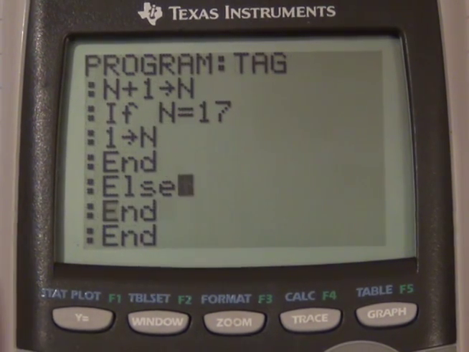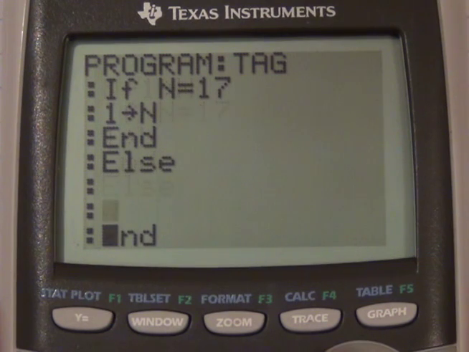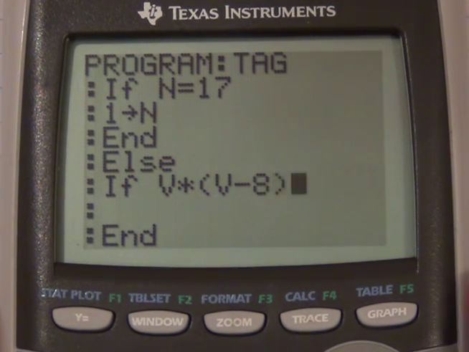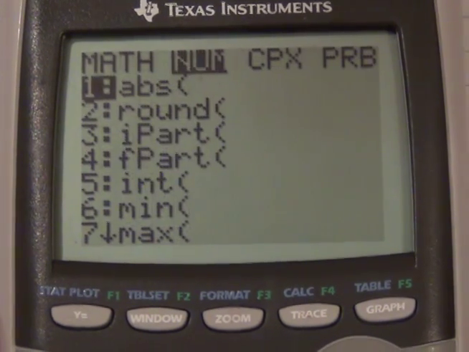However, if it doesn't, then we'll move the y. So we're going to say if v times v minus 8, and that's the absolute value of v, minus 8.